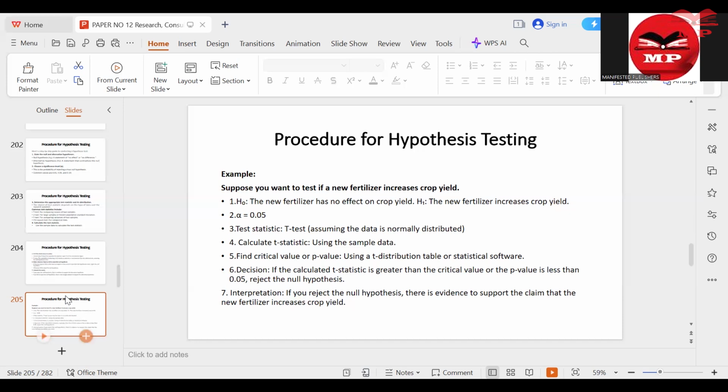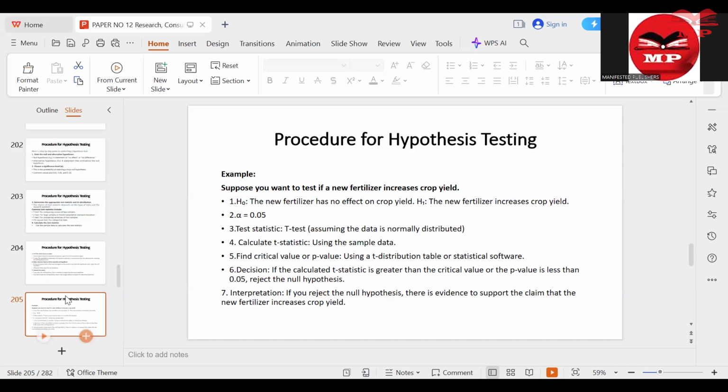So if you have found that the new fertilizer has been used and the yield is higher, then the null hypothesis would be rejected. Then step 7, an interpretation has to be done. If you reject the null hypothesis, which was that the new fertilizer has no effect on crop yield, then there is evidence to support the claim that the new fertilizer increases crop yield.